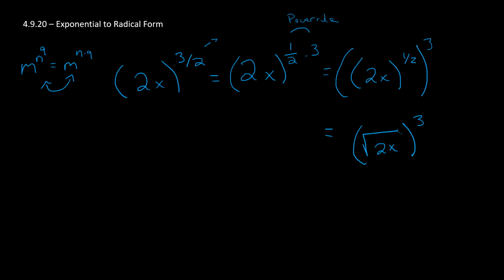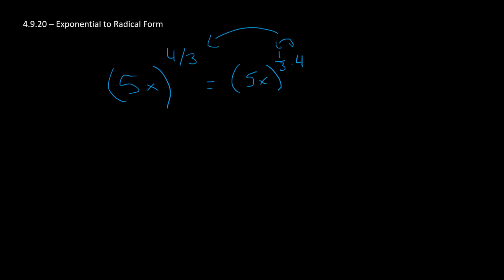Okay? Let's do another one. Let's do 5x, and we're going to raise this to the power of 4/3. So we know that this is 5x to the 1/3 times 4. Again, multiplied this will give you 4/3. 1 times 4 is 4, divided by 3 is 4/3.